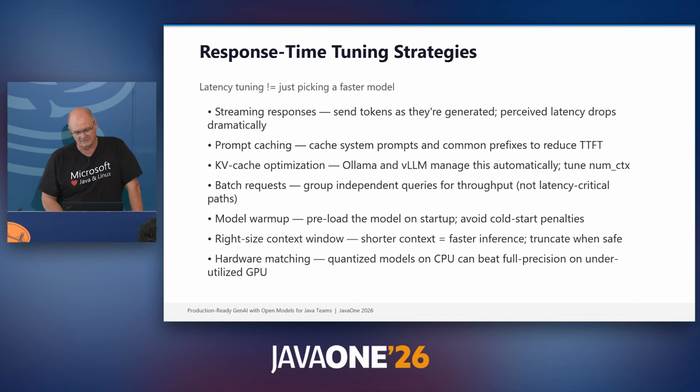Make sure that you've got a good orchestration footprint in the application that calls your large language models, that does streaming, does prompt caching, and optimizes caches as well. You can also do batch requests. If there are common questions that get asked daily, you can do a batch request and have those questions ready in your cache when you build the application.